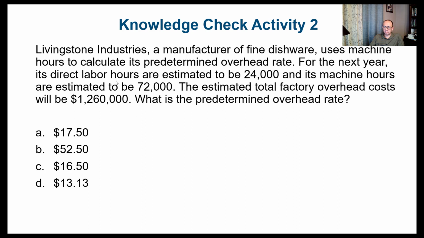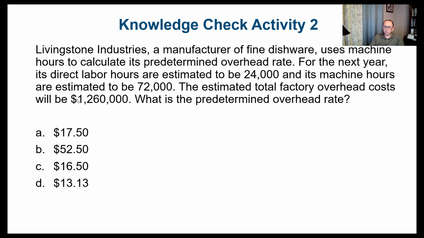Since we have an estimated total factory overhead cost of $1,260,000, we divide that by the estimated machine hours, which is 72,000. We don't use the 24,000 hours because they say here that they use the machine hours.